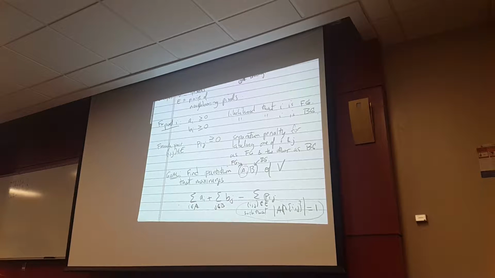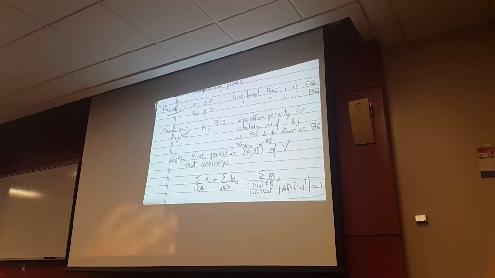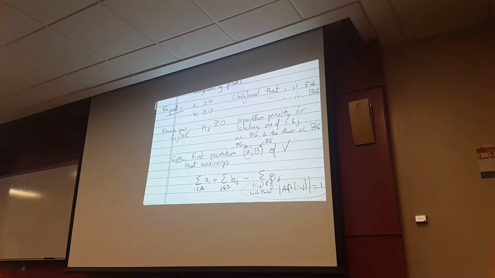The cost I'm going to assign to a partition (A, B) is the sum of the a values for the pixels in the foreground, and the sum of the b values for the pixels in the background, minus the sum of these separation penalties for all edges (i, j) that have exactly one endpoint in the A side.